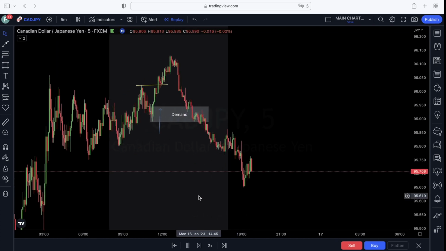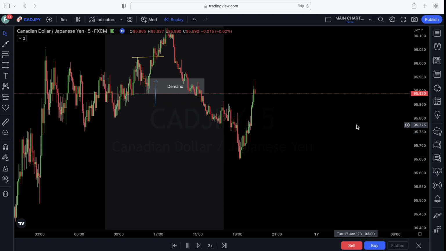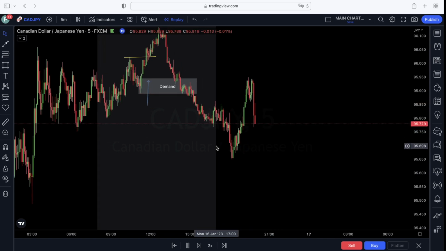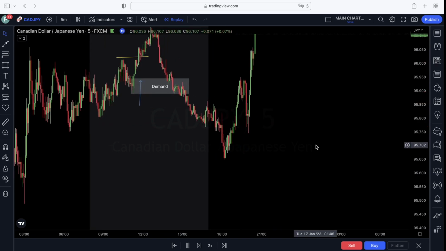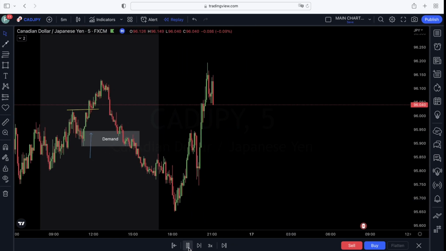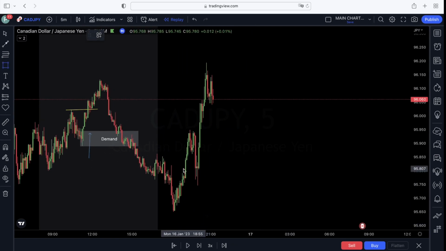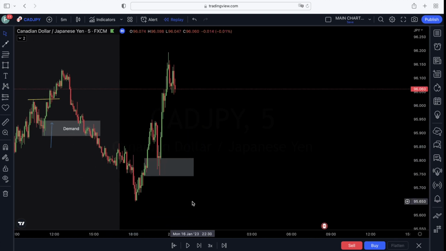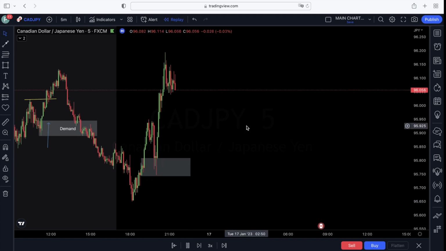Oh, CAD JPY moving real ugly. Okay. I see some supply forms outside of my trading zone. What time is this trade? Oh, so this pair doesn't move during New York session. It moves in the Asian session. But let's keep watching it. I never looked at this pair before.